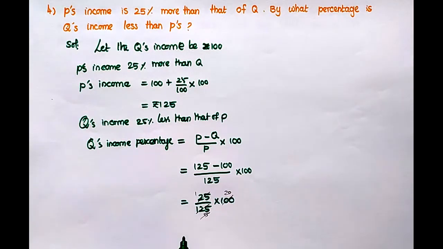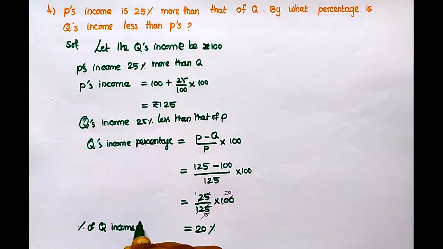So 20 percentage, that is the percentage Q's income is less than P's. That is the answer.